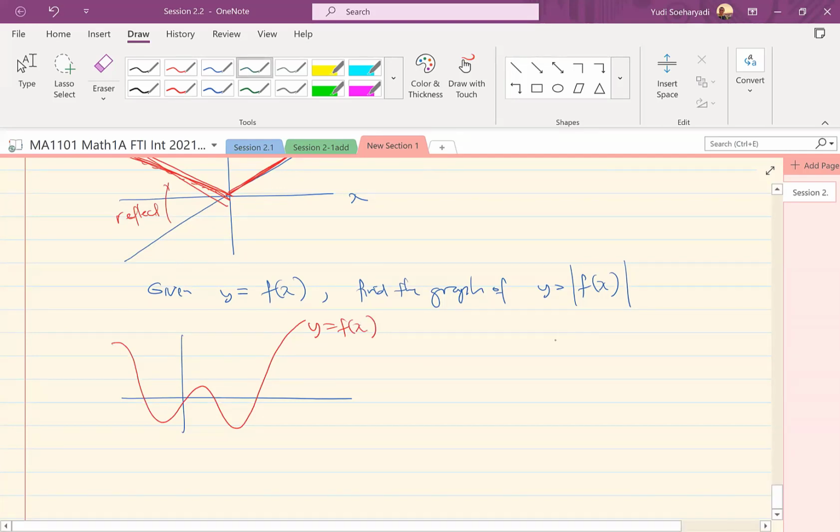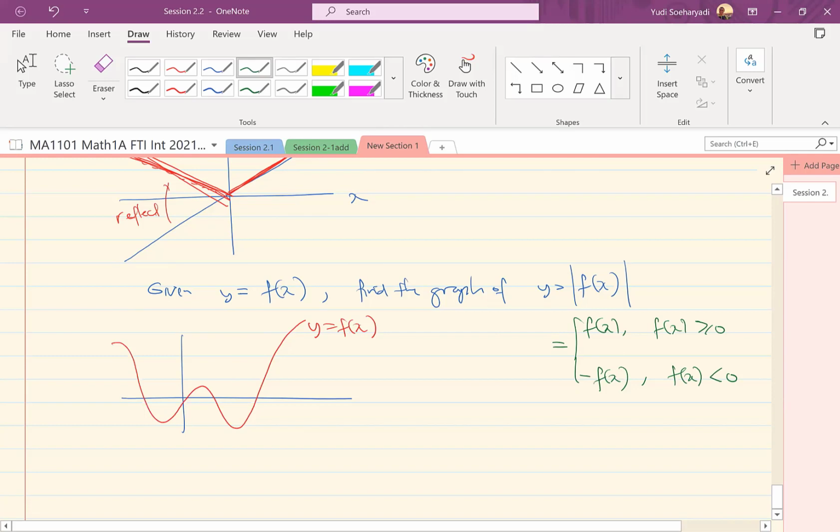All right, so this one, let's break this down into f of x if f of x is non-negative, and if f of x is negative, then stick in another negative sign.